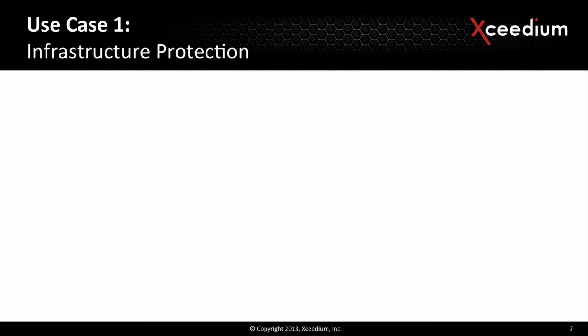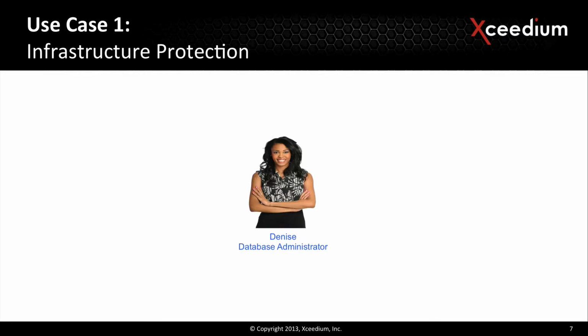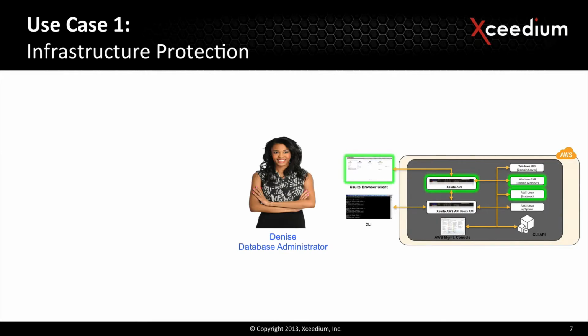In the first use case, you'll see how Xsuite protects infrastructure running on AWS. You'll work as Denise, a database administrator, with access to only 2 of the 4 servers and constraints on your use of sysadmin commands.